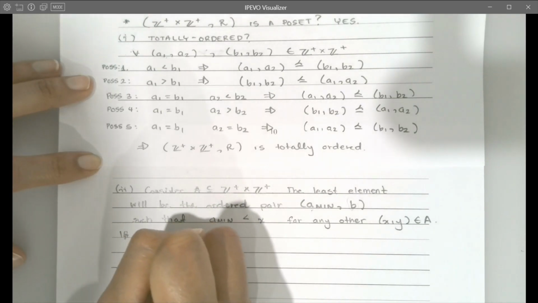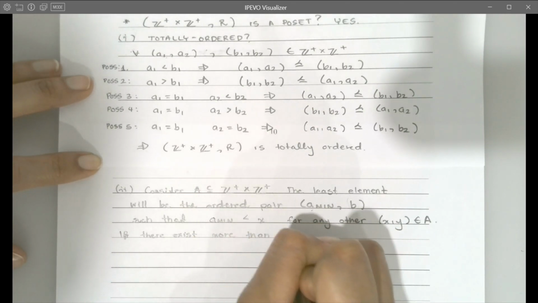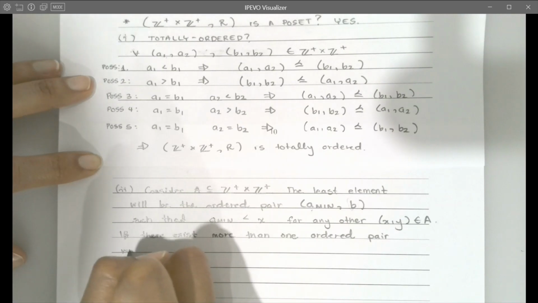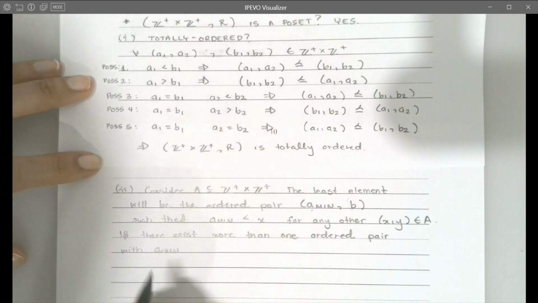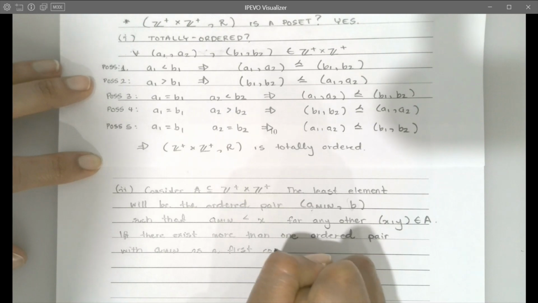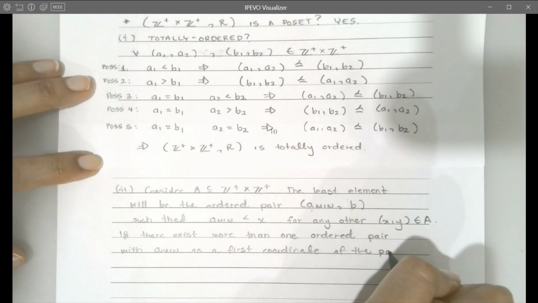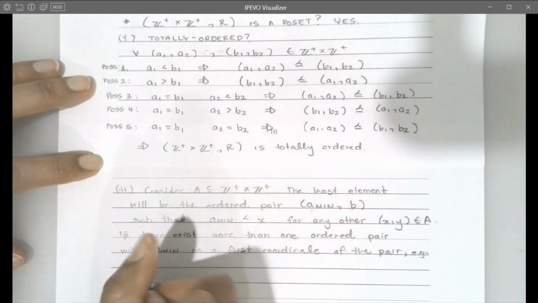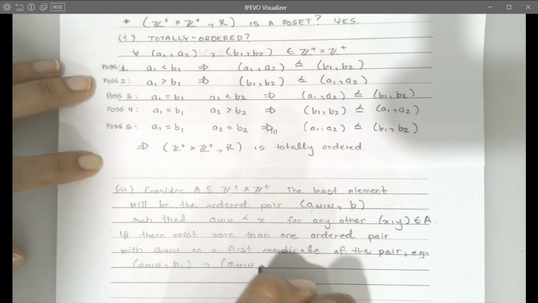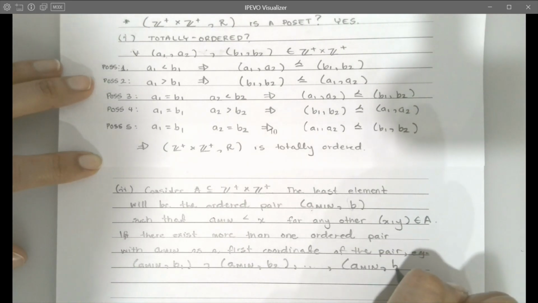Okay, so we'll write that. If there exists more than one ordered pair with A min as a first coordinate of the pair, so for instance, let's say that we have A min comma B1, A min comma B2, all the way down to A min comma Bm.